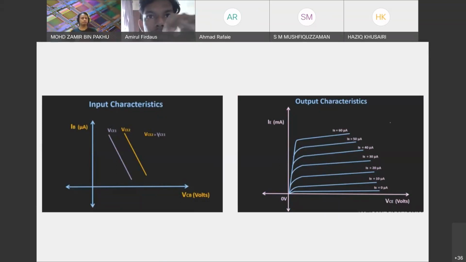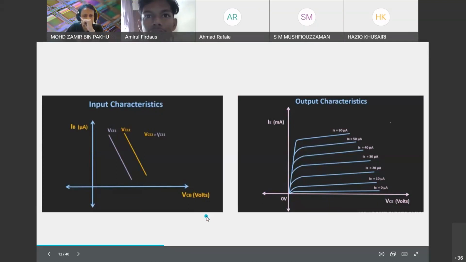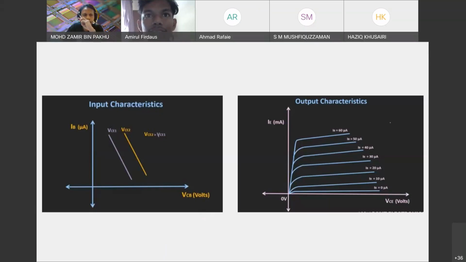Here, the emitter current can be given as alpha times IC. Since alpha, which is the current gain, is approximately close to unity, we can say that IC is equal to IE.